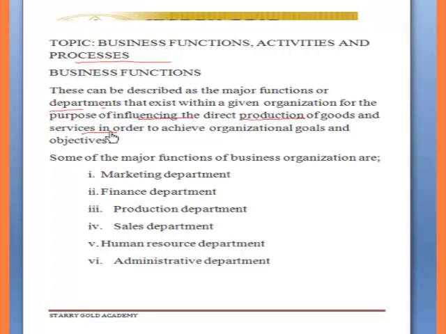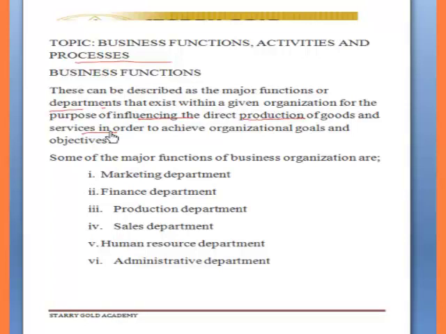Each of these functions performs different roles. They perform different independent roles, and their roles are independent of one another. They also help to complete the production process of certain goods and services.